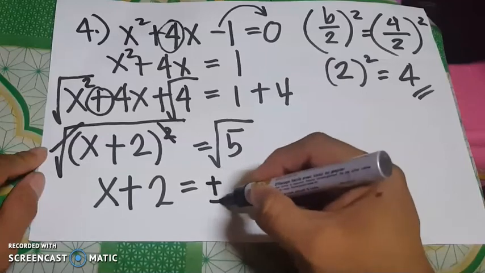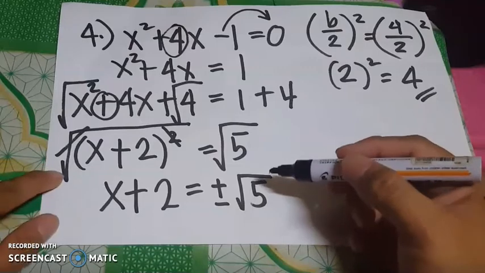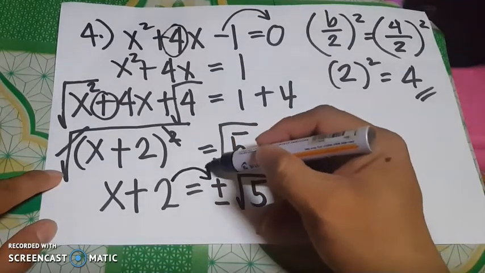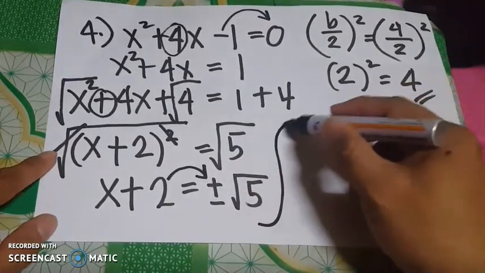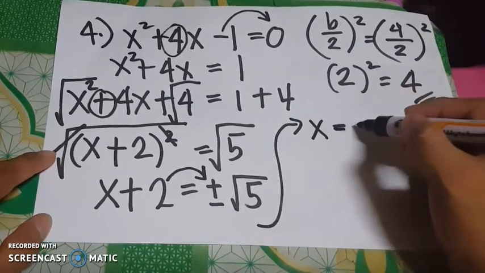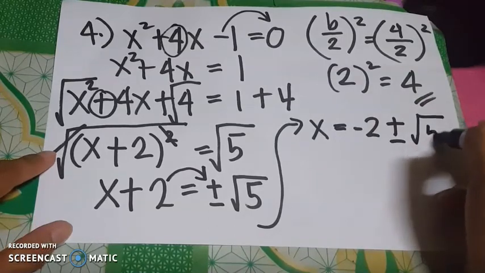You're just going to put positive, negative before that square root of 5. Then the next thing we are going to do is to move 2 to the right side of the equation for us to have the solution. So we do have here x is equal to negative 2 plus or minus square root of 5.